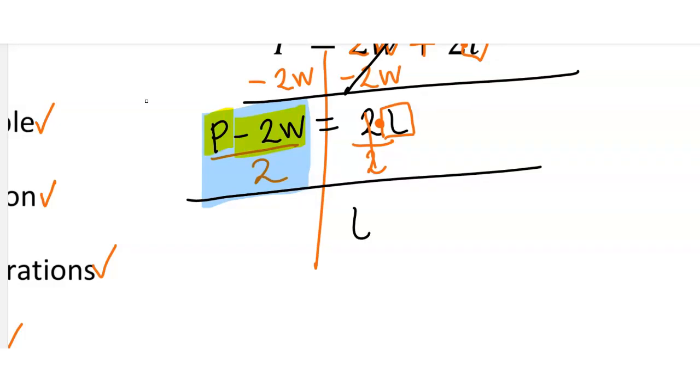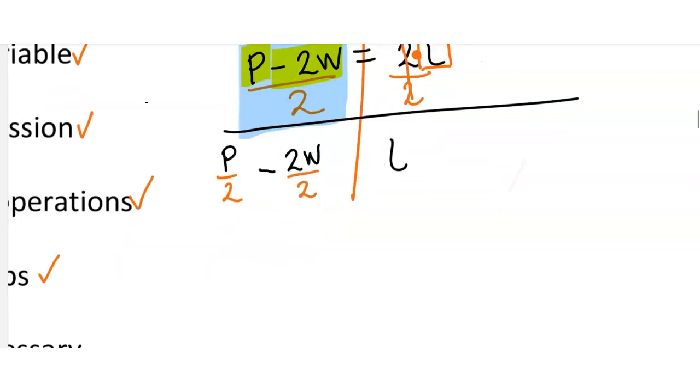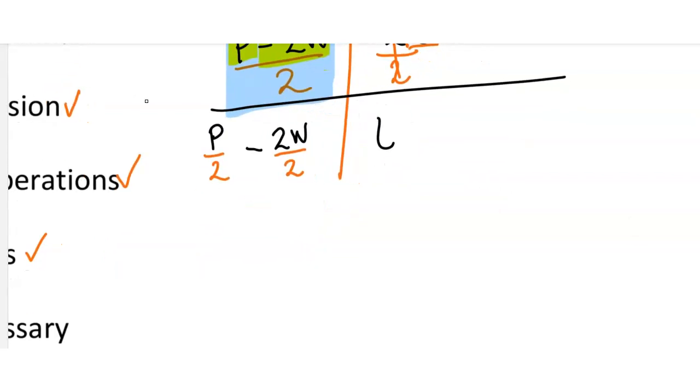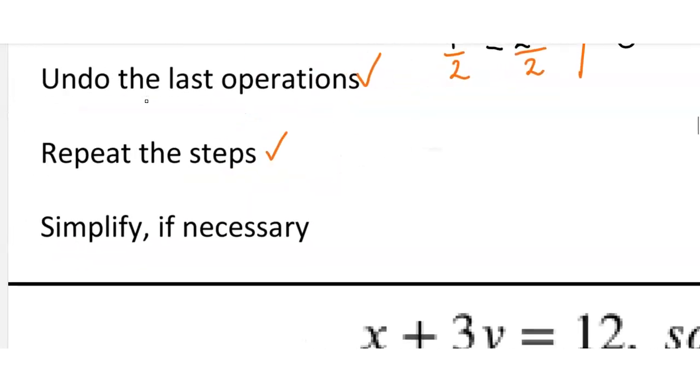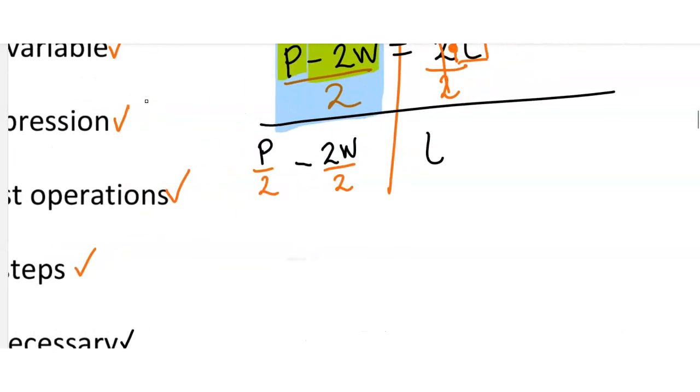So we're going to rewrite them where they're not sharing that denominator. So I'm going to start with P, which is the first term, and then I'm going to have it divided by 2. Then we're going to get the second term, minus 2W, and that one is also being divided by its own 2. And then as always, we're going to simplify.